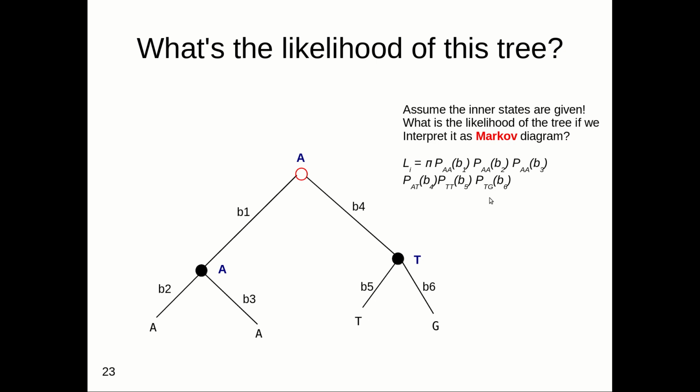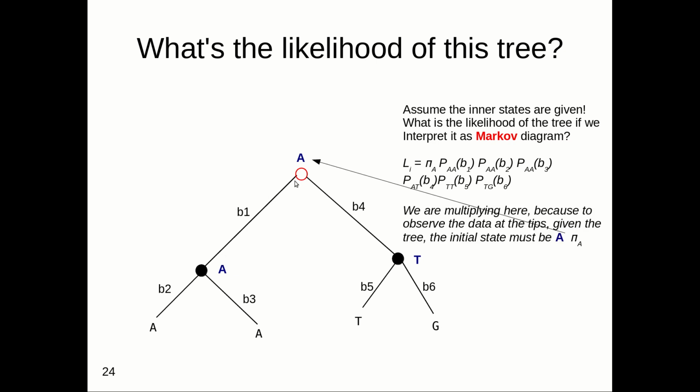So here you can see that all those events must have happened in order to observe this pattern A, T, and G at the tips for the given tree with given branch lengths and given inner states. So once again, we're multiplying probabilities here, because to observe the data at the tips, given the tree, the initial state must be A, right?